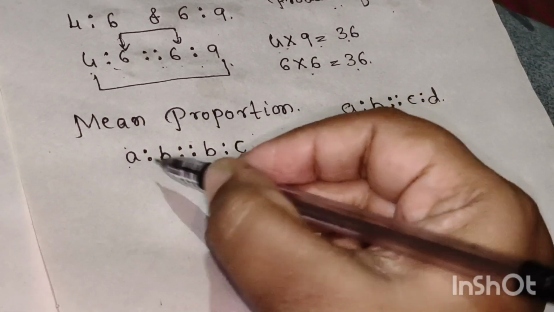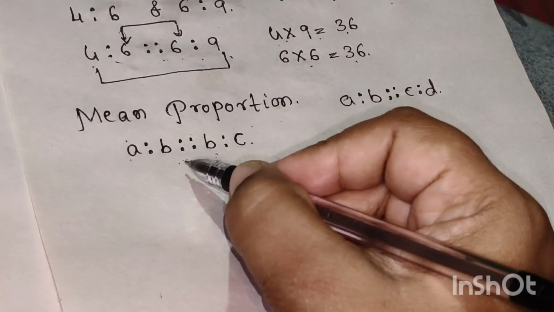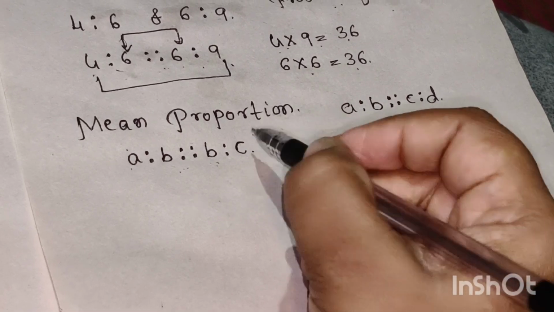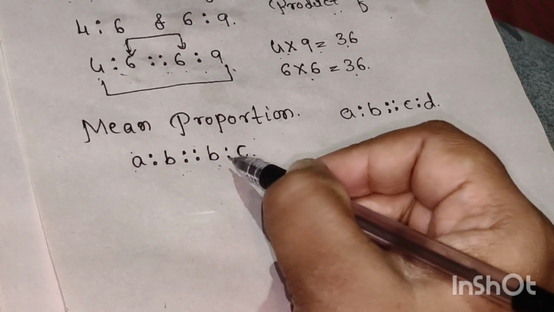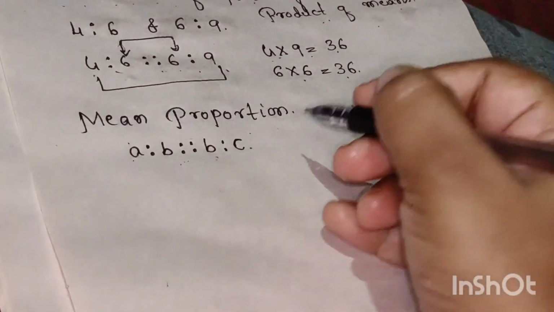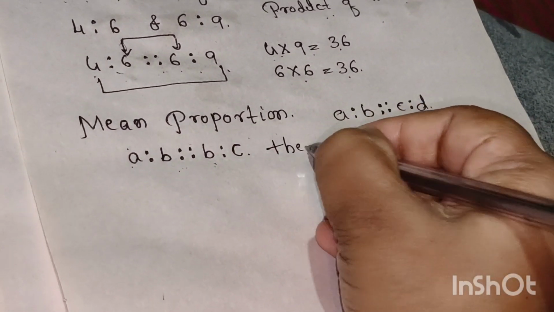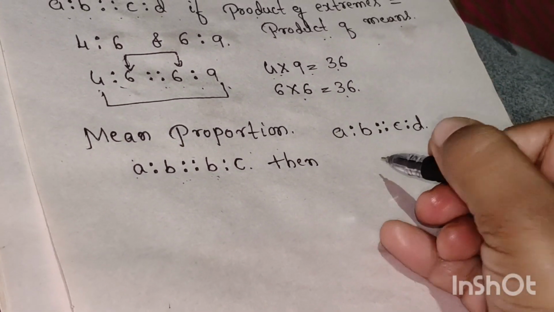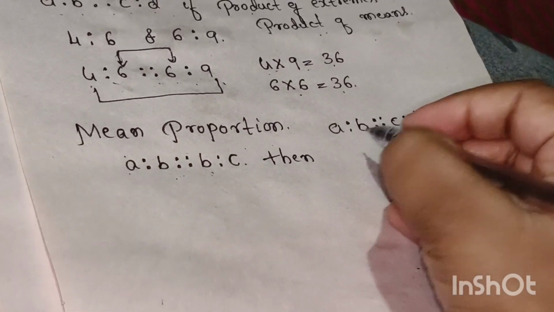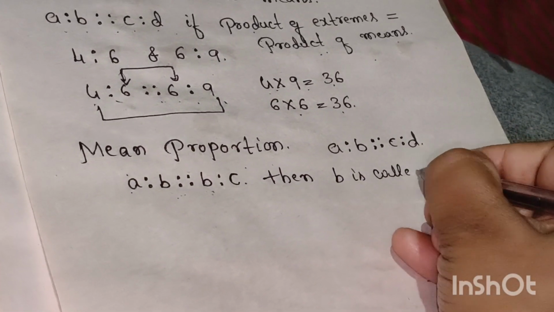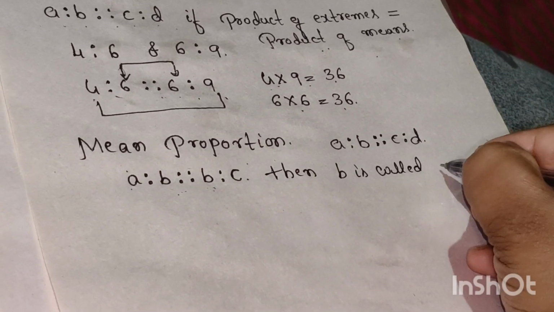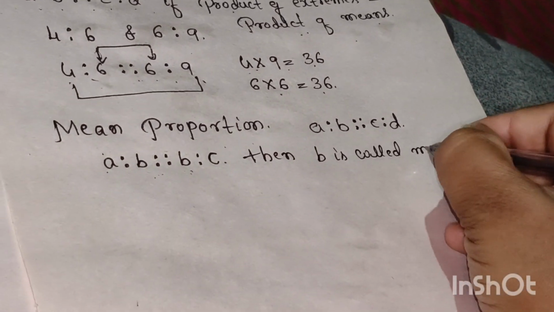So in this case we write the proportion in the form A is to B is proportion to B is to C. Then B is called mean proportion.